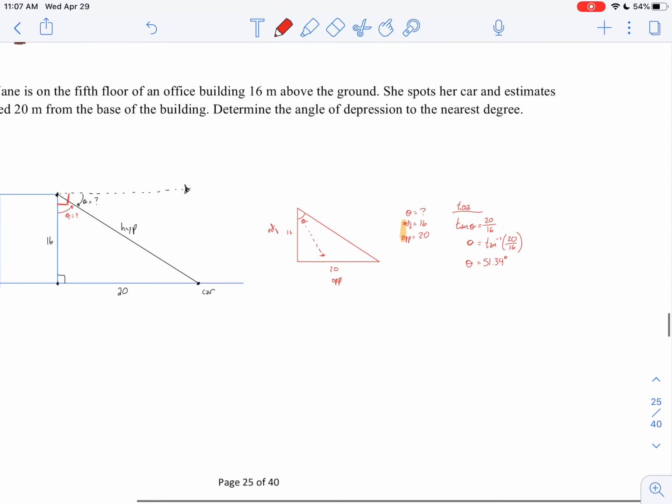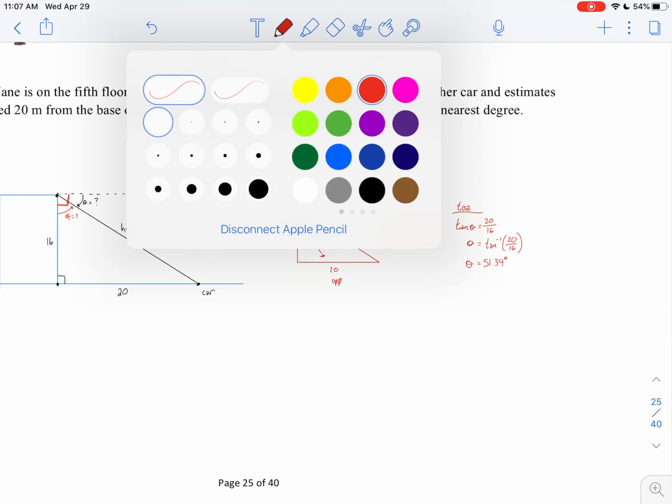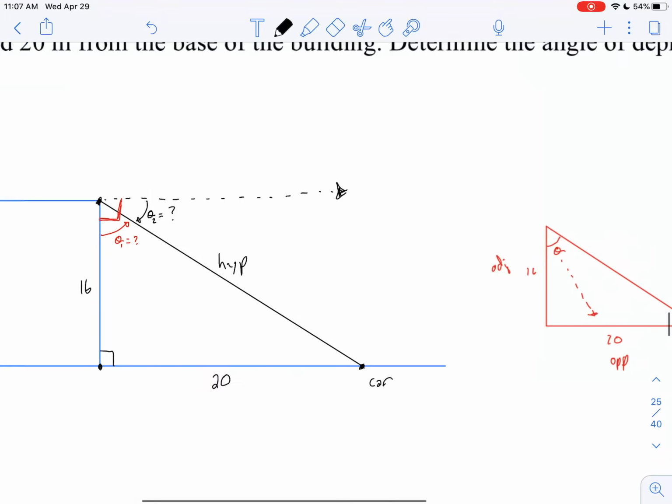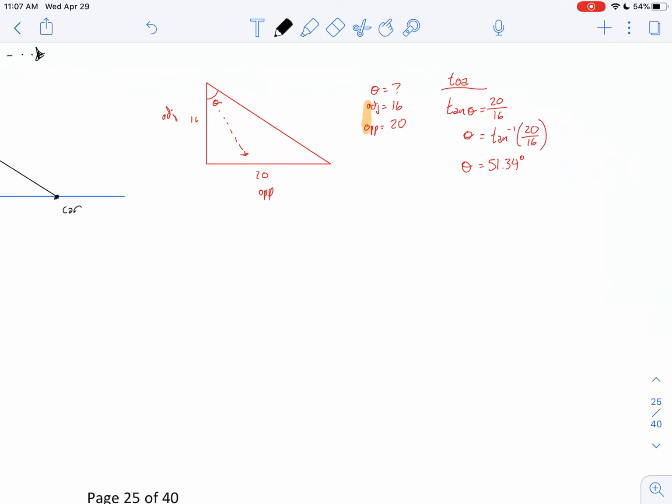And I'm not going to round my answer significantly yet because I know to find theta, let's call that theta 2, the actual measurement that they wanted, the angle of depression, I'm going to have to do 90 subtract what I just found, my theta 1.